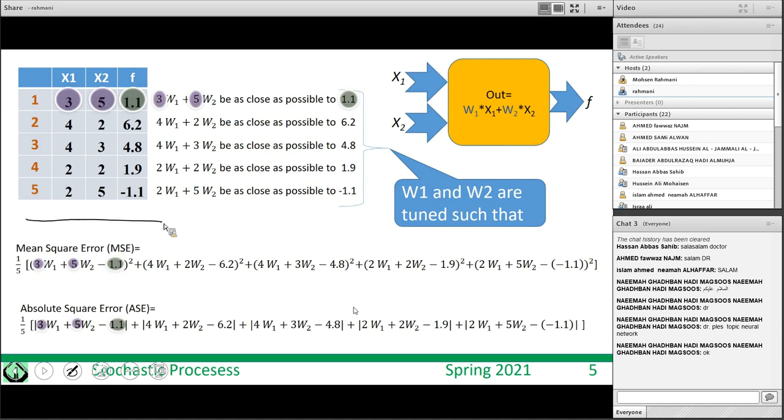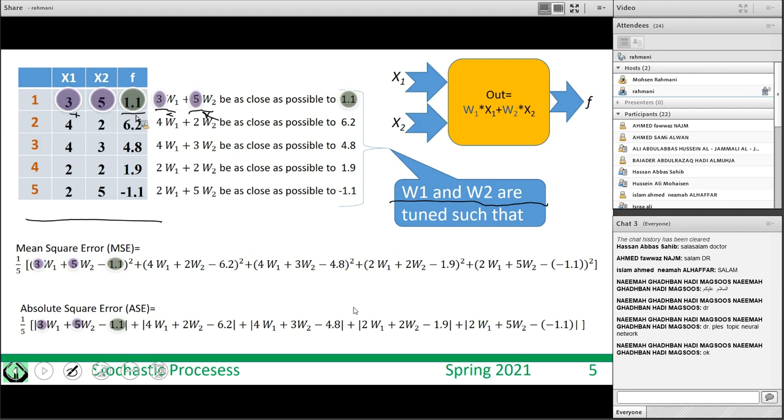This is our table. We want to find w1 and w2 such that 3 times w1 plus 5 times w2 be as close as possible to 1.1.